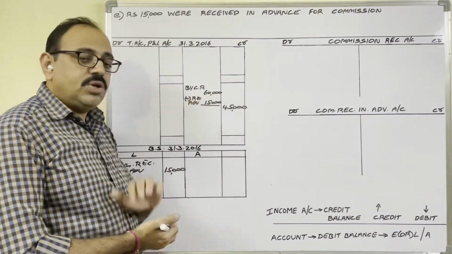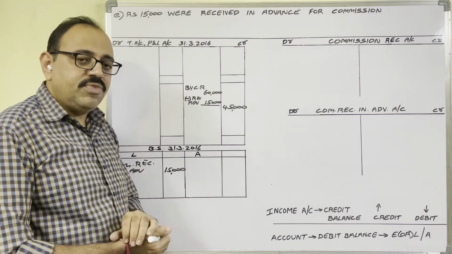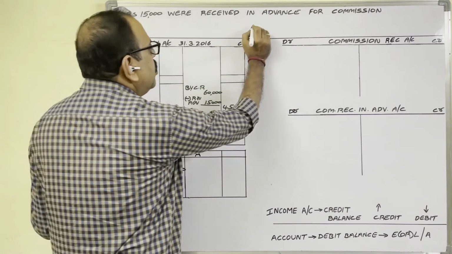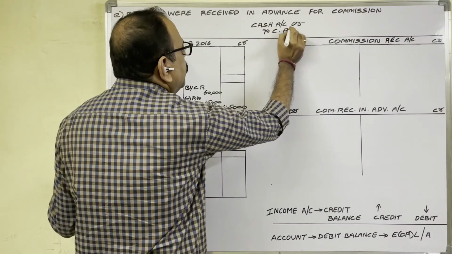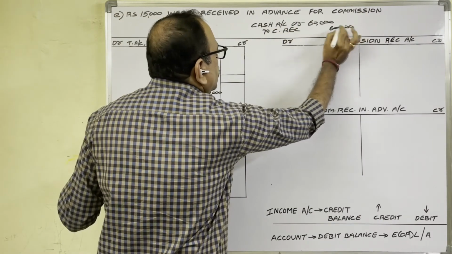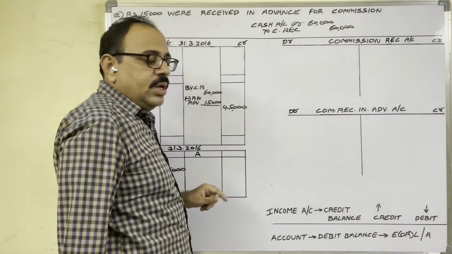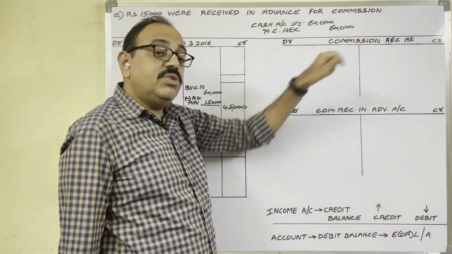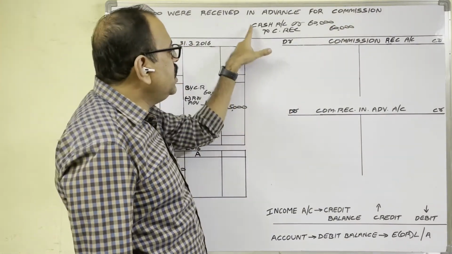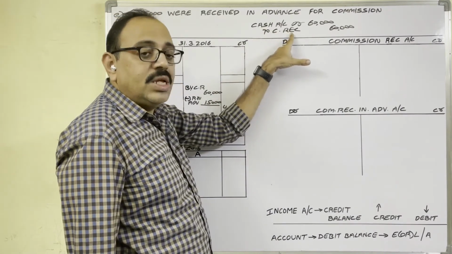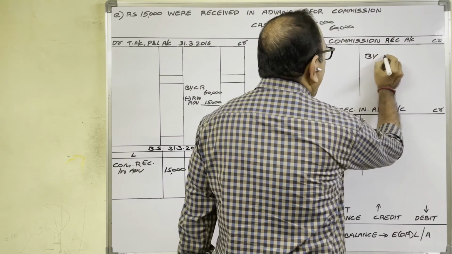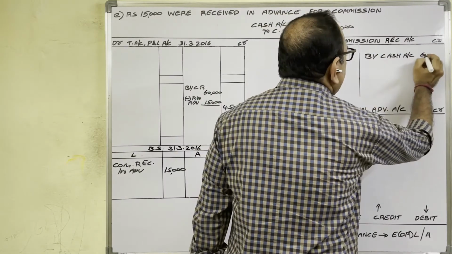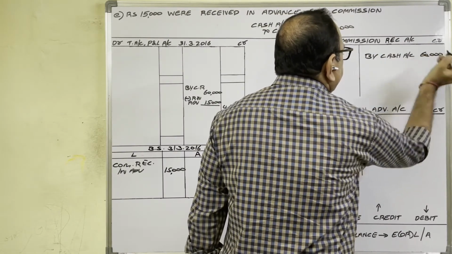Commission received 60,000 now. What is the journal entry for that? Cash account debtor to commission received account, amount 60,000 rupees. Commission received account is credited, so on the credit side we post: By cash account, 60,000 rupees.